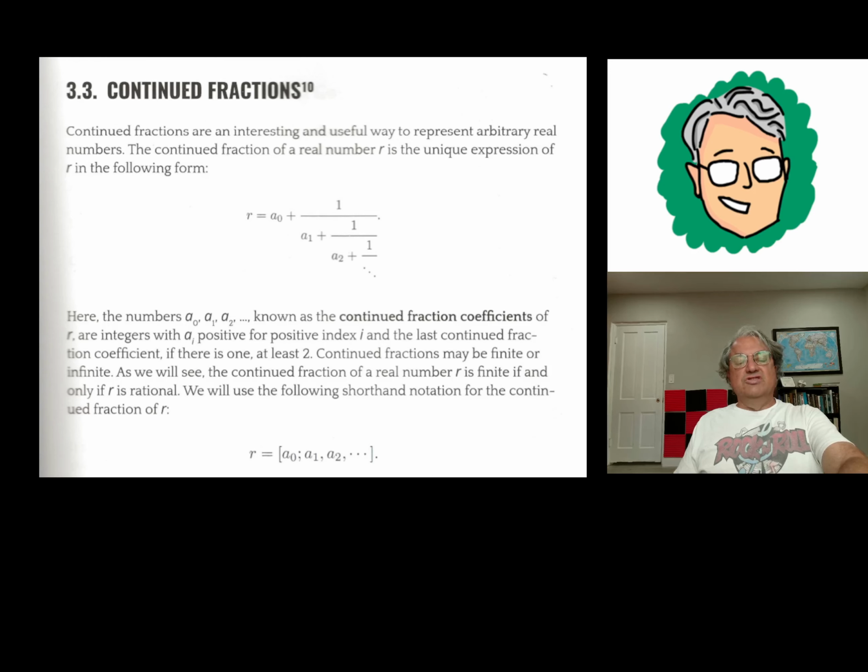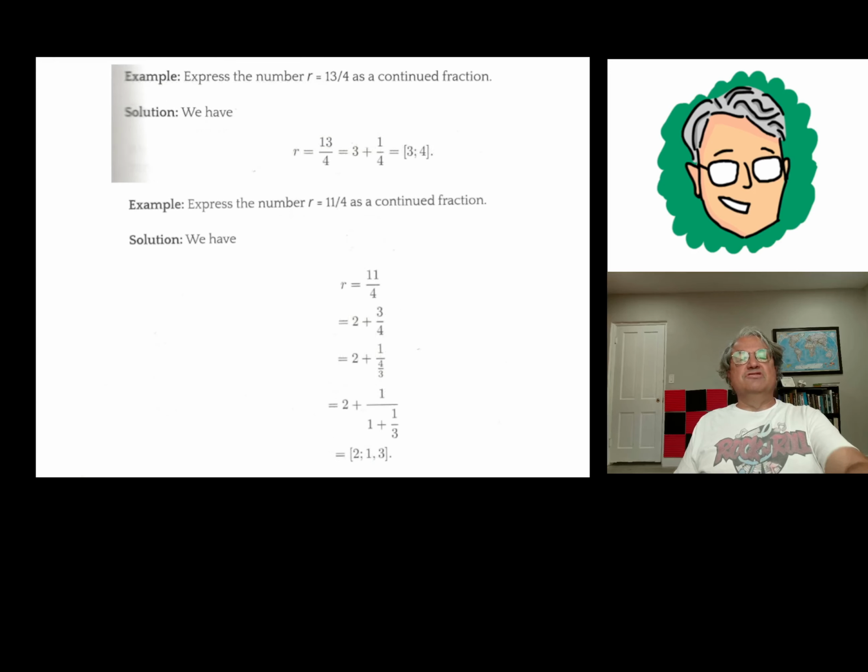Anyway, so maybe I'll just show you some examples. I'm going to start with a couple simple examples here. How about the continued fraction of 13 over 4? Well, when we're doing this, the first thing we always have to do is write it as a proper fraction, which means we have to calculate the quotient and the remainder of 13 divided by 4. Well, 13 divided by 4 is 3 with a remainder of 1.